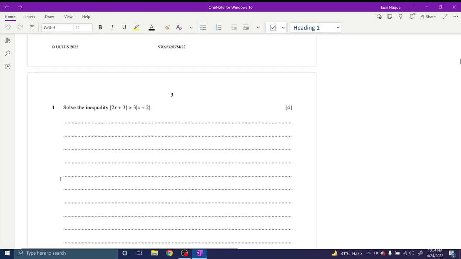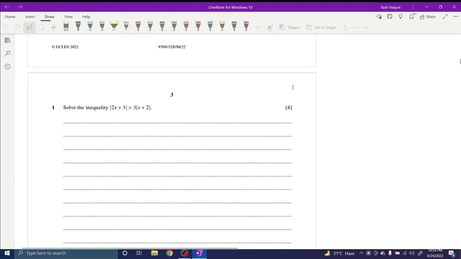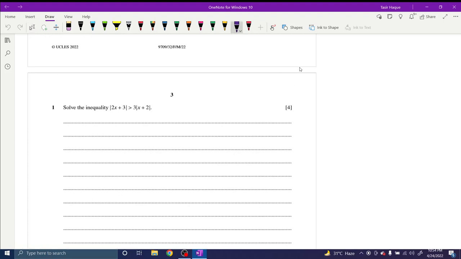The first one is an inequality. You can do this in two ways. One is a graphical method, the other is just solving them by using inequalities.